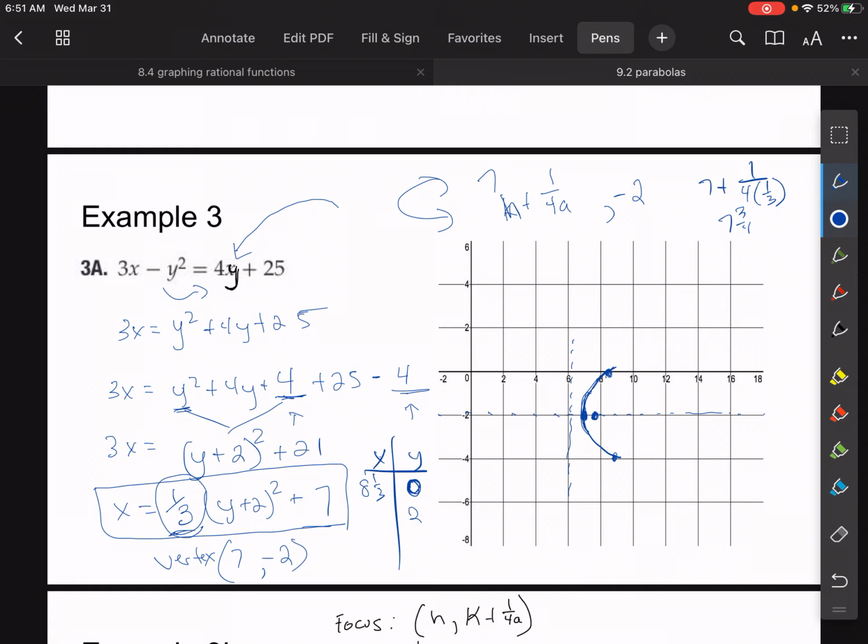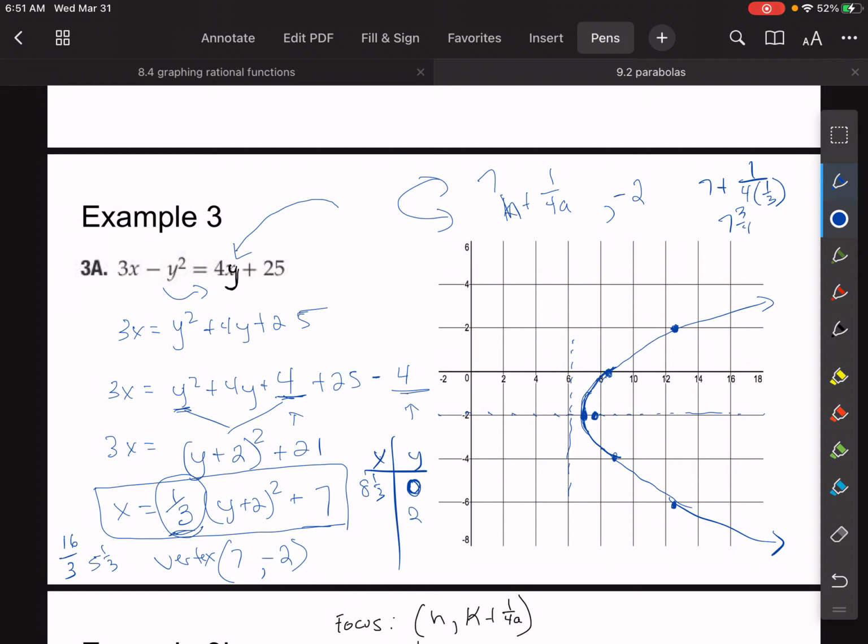That becomes 4 squared. 4 squared is 16. 16 times a third is 16 thirds, which is 5 1/3. 5 1/3 plus 7 is 12 1/3. So if I plugged in a 2, I'm at 12 1/3, which means that at -6 I should also be there. So there's the general shape of what this thing should look like.